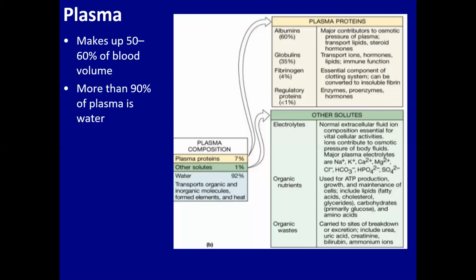We have lipids, carbohydrates, and amino acids, and then there's wastes in there: urea, uric acid, creatinine, bilirubin, and ammonia ions. So the other solutes are a very small percentage, but incredibly important.